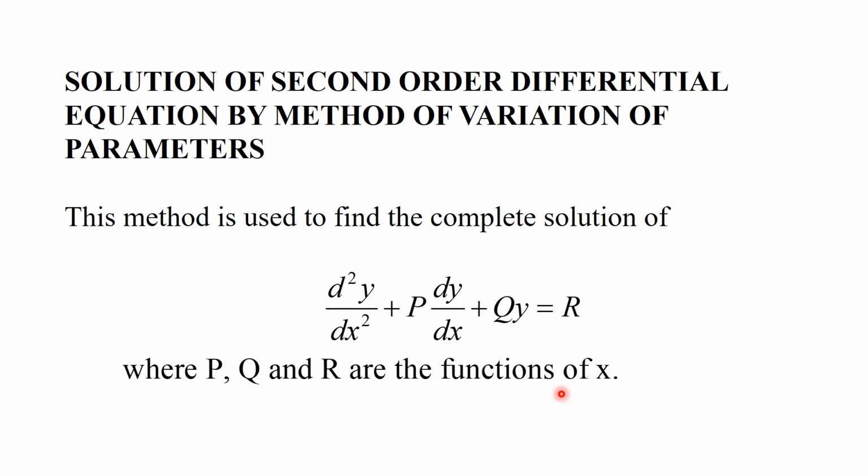So this method is used to find the complete solution of this kind of differential equation as d2y upon dx square plus p dy by dx plus qy is equals to r. Here p, q and r are the functions of x.